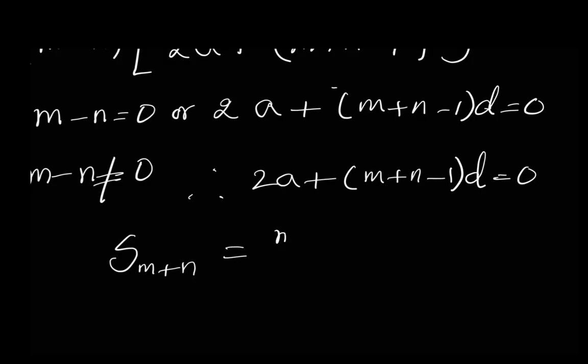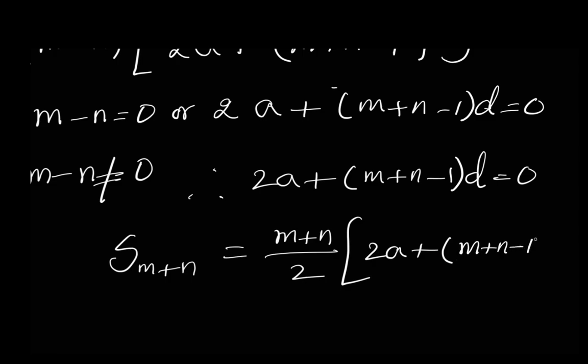Sn is n by 2. So m plus n by 2, 2a plus, you replace n as m plus n, 2a plus n minus 1, that is m plus n minus 1 into d. See, the bracket term 2a plus m plus n minus 1 into d, in the previous step we have got this as 0.